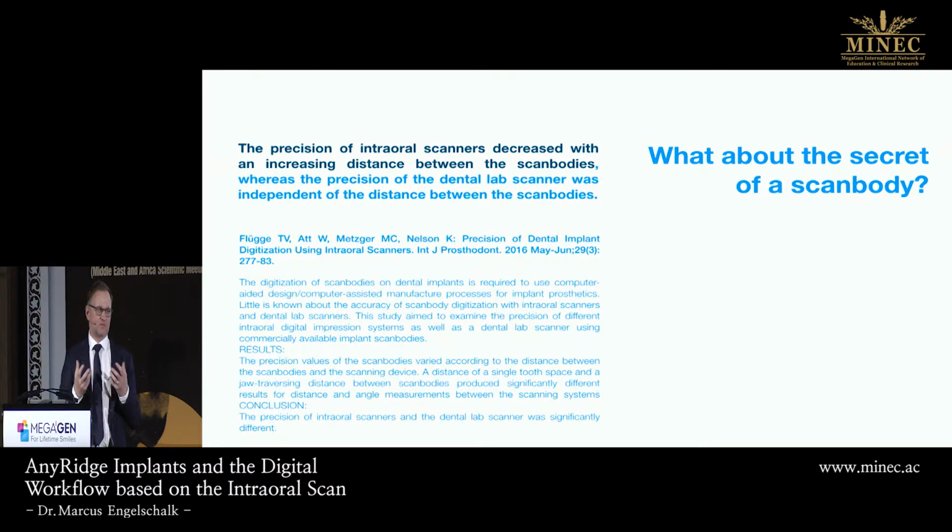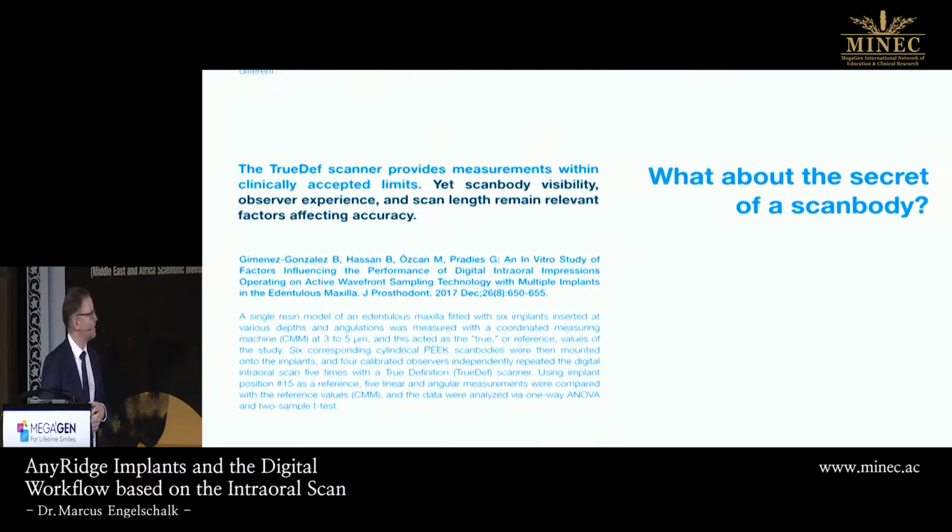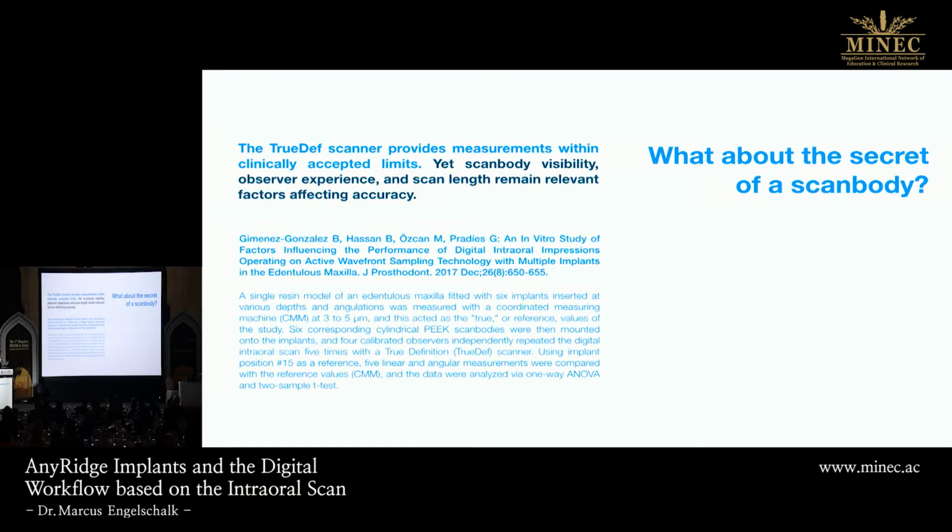Then the precision is very important for your technician, even for us. Yet the scan body visibility, observer experience, and scan length remain relevant factors. So not everything is easy, and precision is not staying at the same level depending on what you're scanning in the mouth. These topics are very important to keep in your mind.